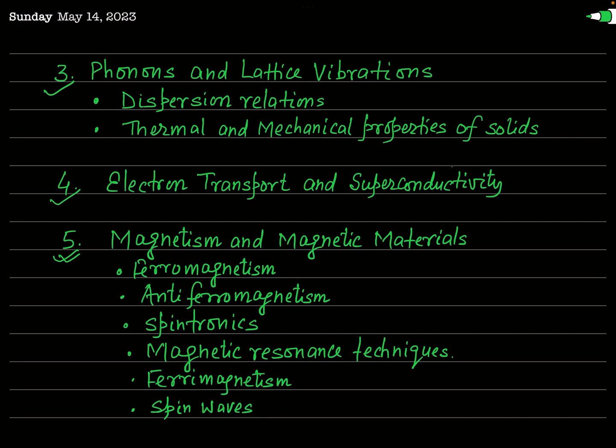In magnetism and magnetic materials, we will cover the study of magnetic phenomena and the behavior of magnetic materials. It explores concepts such as ferromagnetism, antiferromagnetism, and ferrimagnetism. Apart from that, the elementary magnetism, that is diamagnetism and paramagnetism.